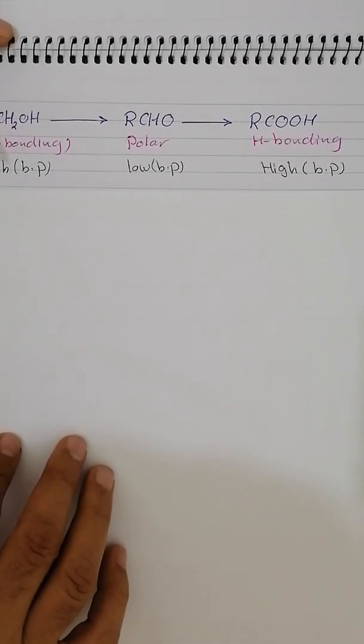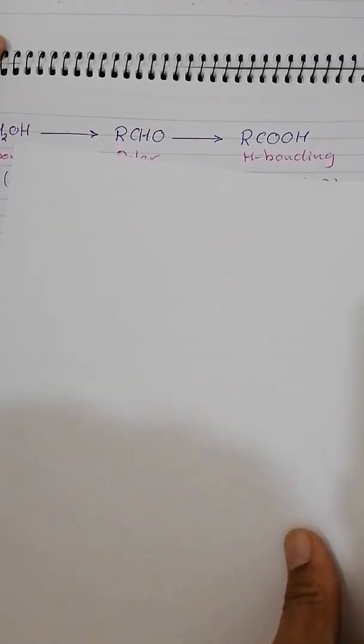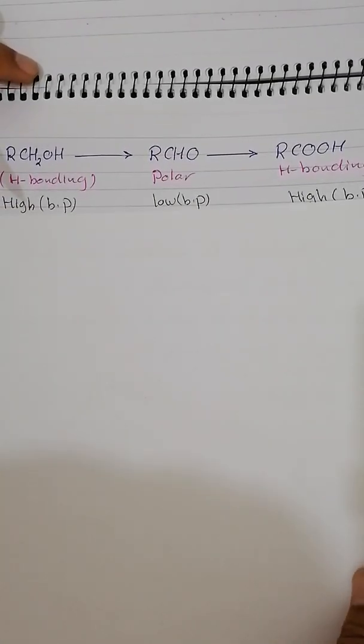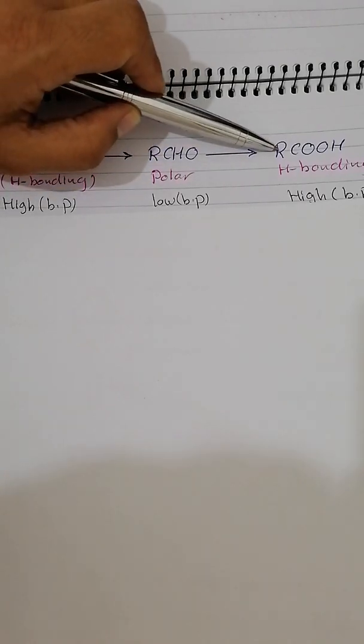If we remember the intermolecular forces, in alcohol we have hydrogen bonding between molecules. In aldehyde it's only polar, and in carboxylic acid again we have hydrogen bonding. What happened here? High boiling point due to the hydrogen bonding, then a drop in the boiling point, after that an increase in the boiling point.